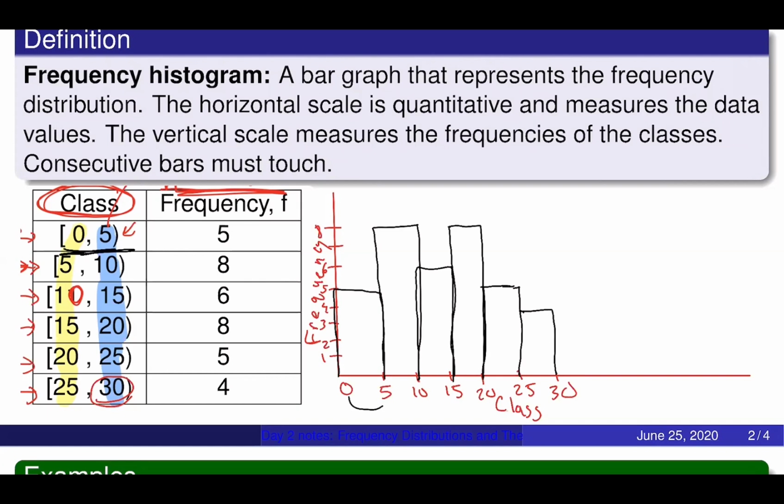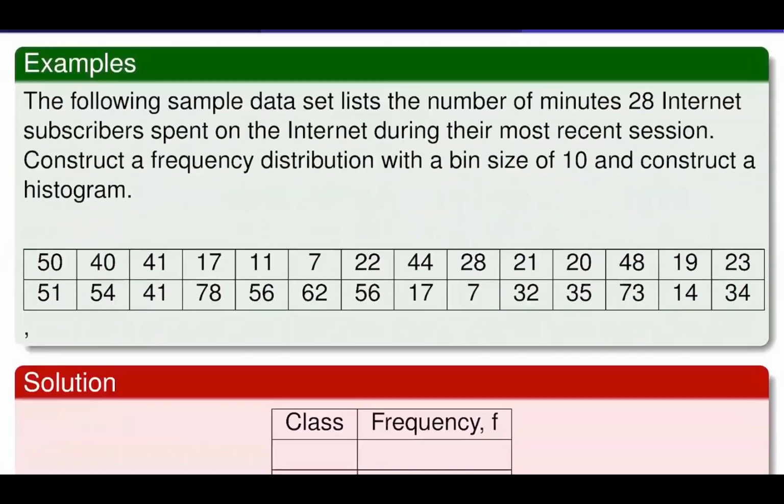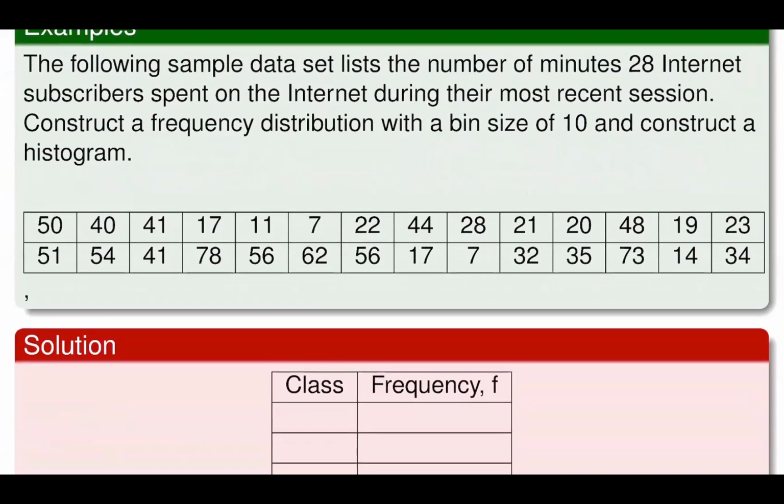All right, so let's go ahead and do some data sets. All right, so this one says the following sample data set lists the number of minutes 28 internet subscribers spent on the internet during their most recent session.